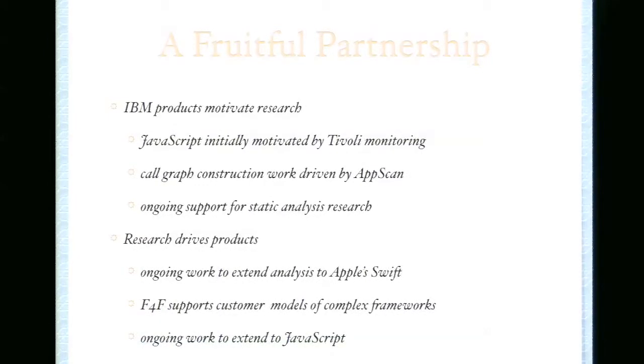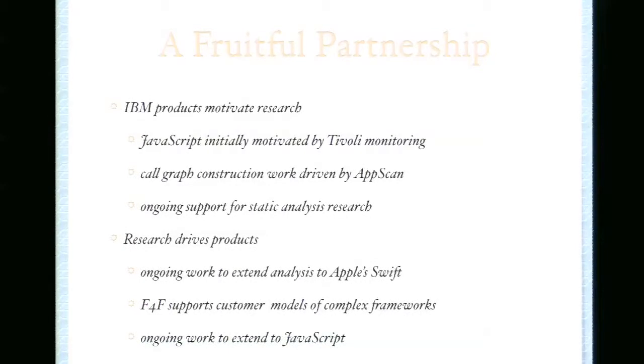But in some sense, the overall message, to my mind, is this. I wanted to say something about how this relates to our friends in the product divisions. And the fact that we use the word friends already seems like a good sign. So IBM products, the whole point, right? The JavaScript work actually started because people in Tivoli asked for it.